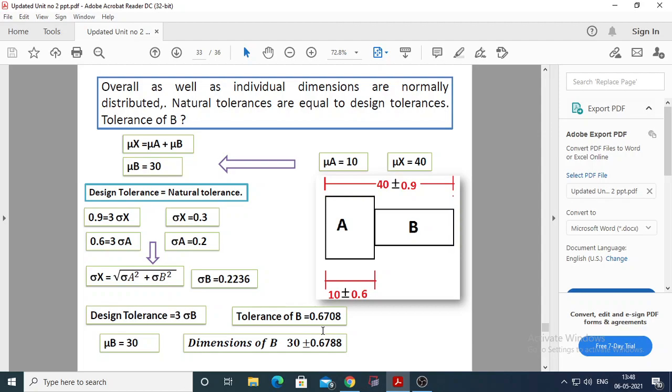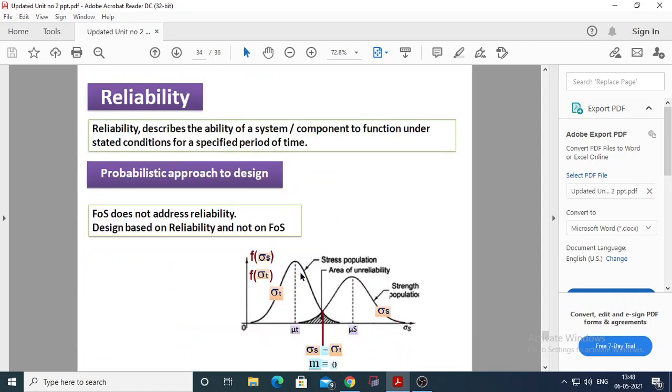Then next part we'll see. The next part is the last part. This is reliability, or factor of safety and reliability. Okay, see, first, reliability describes the ability of a system, or we can say a component, or we can say a device, to perform without failure for a specified period of time under specified operating conditions. This is known as reliability.